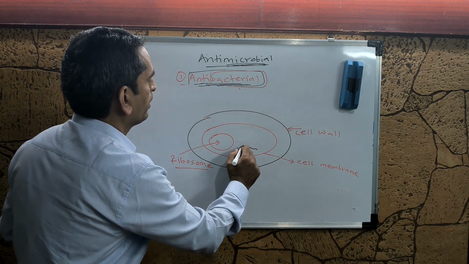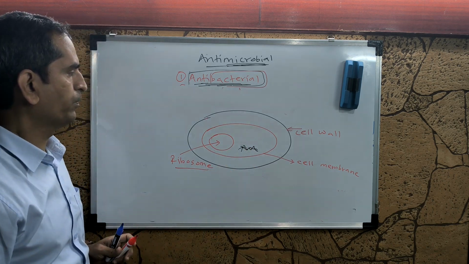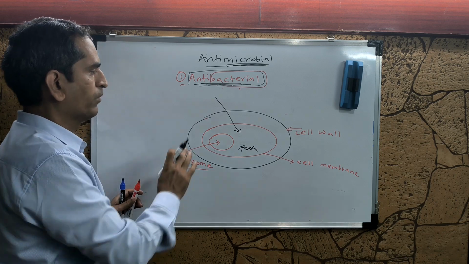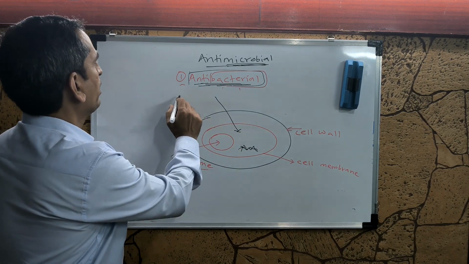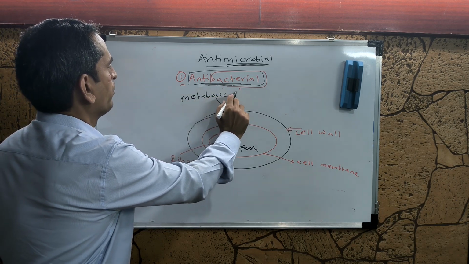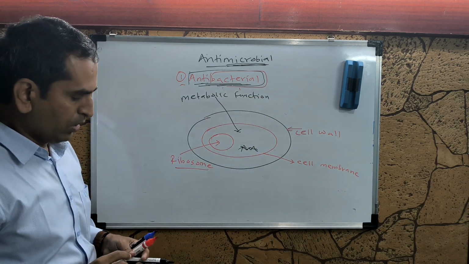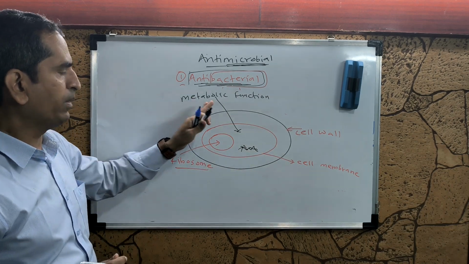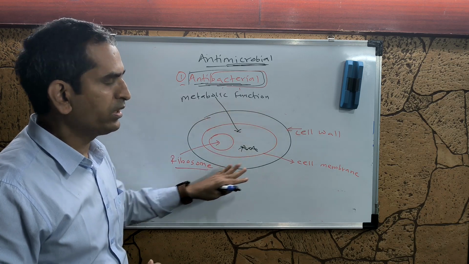Then there is genetic material, and inside the bacterial cytoplasm some metabolic functions happen that are essential for the bacteria to survive. In order to understand the mechanisms of antibacterial drugs, this structure is important.